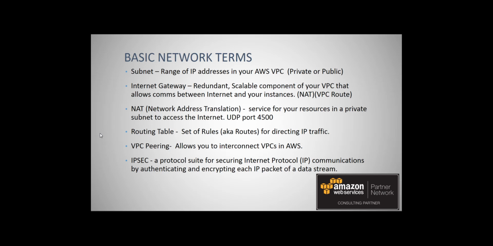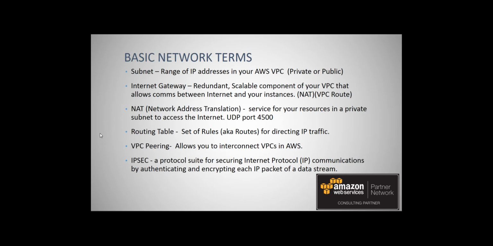VPC peering: this is where you can peer up or connect to other virtual private clouds in Amazon. This is a really cool feature because, instead of having to create additional connections between your corporate network and Amazon, you can bypass that and peer your VPCs together.